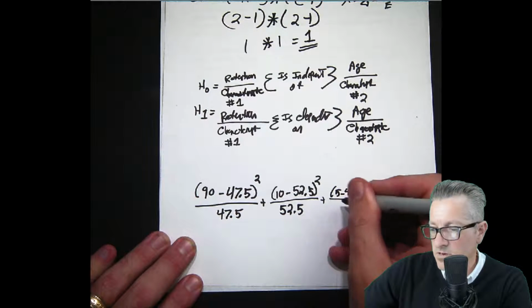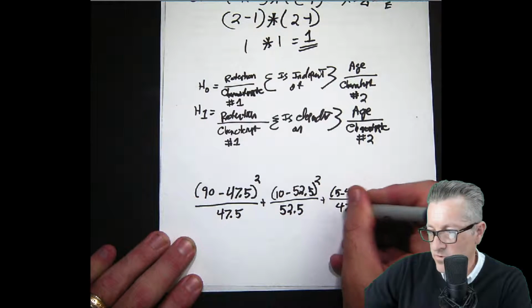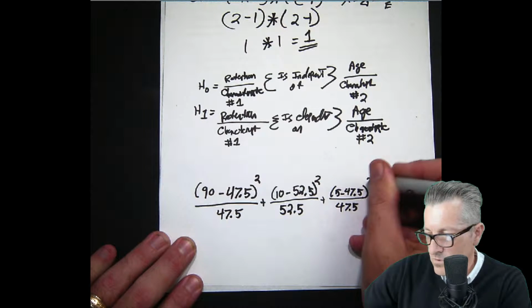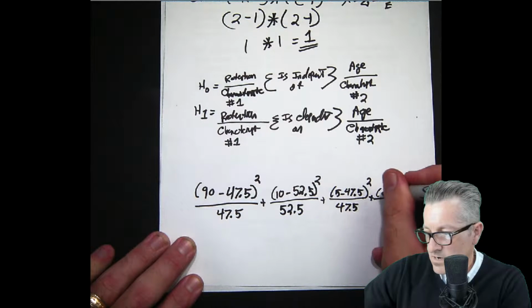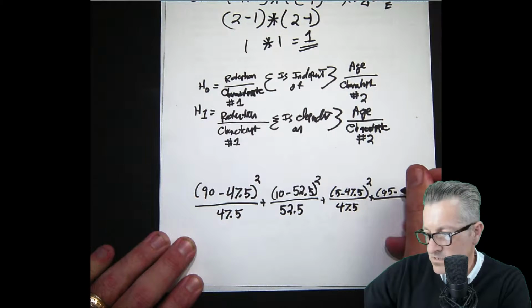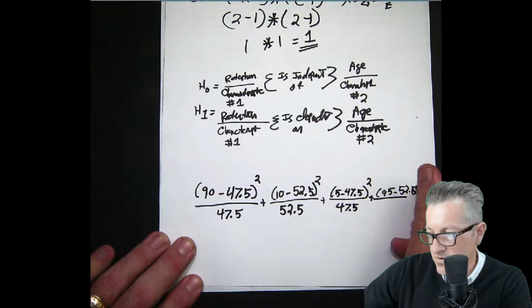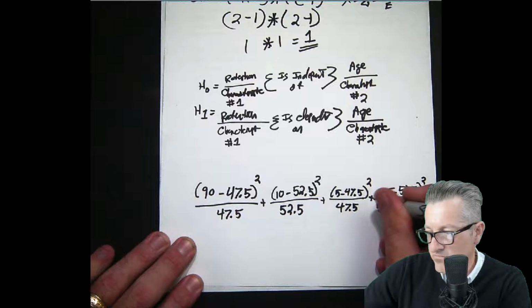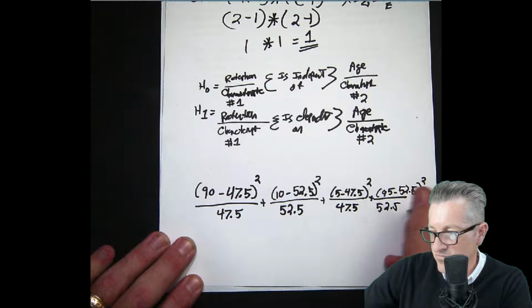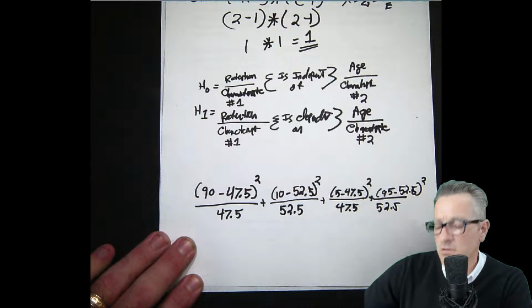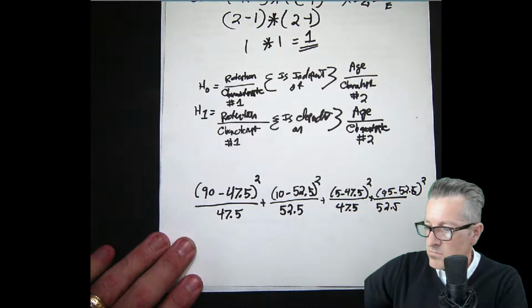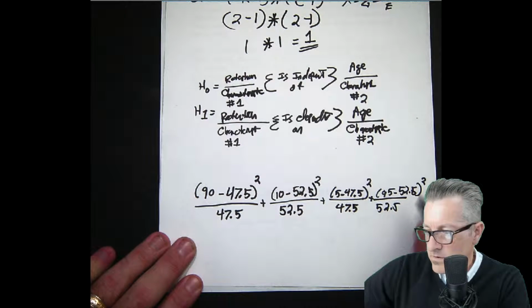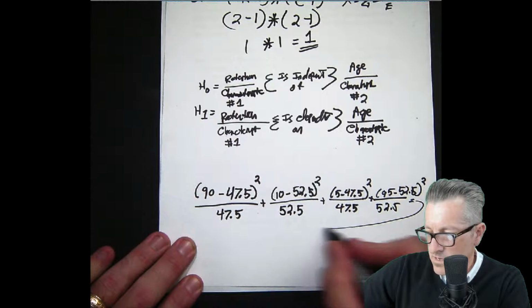And then 47.5 squared, and then we have the last part, 95 subtract 52.5 squared, and then that would be 52.5. Okay. So this is the way this works out. I'm just making sure I have the right information right now. I don't have enough room here, so I'll draw a little squiggly here.